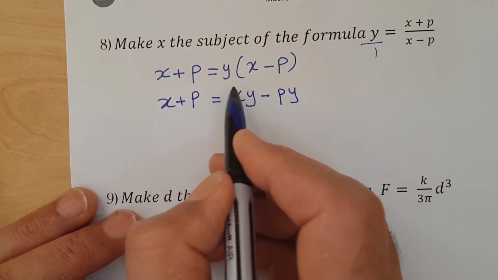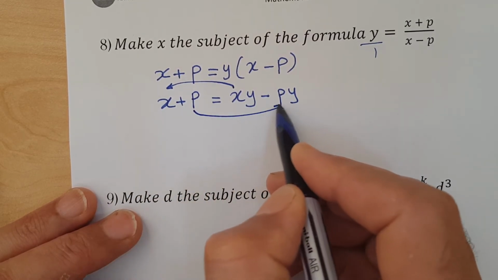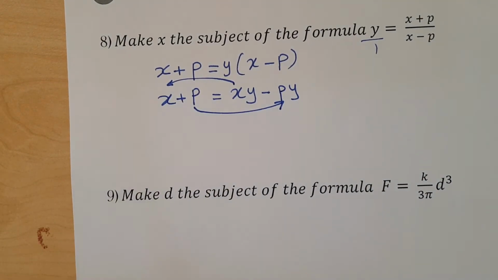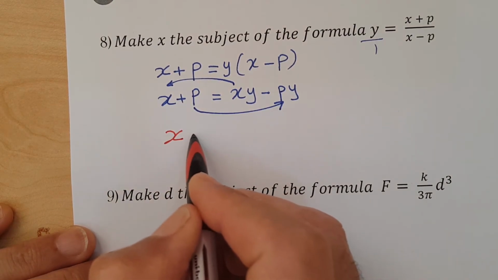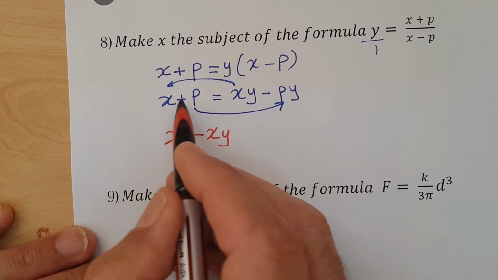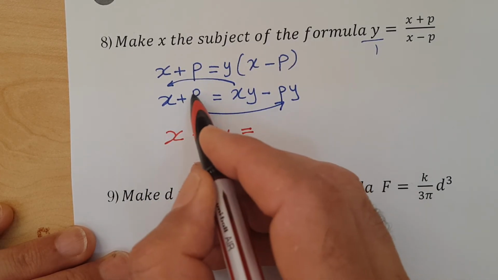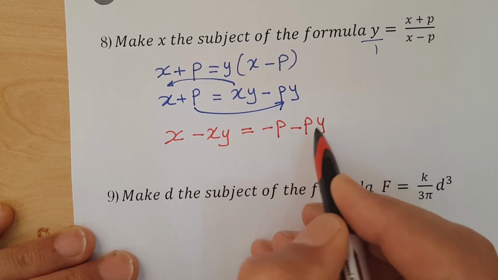You just bring x here and then bring your p in here with the inverse sign or opposite sign, as you see here. I just write x minus xy because this xy already is positive. If you move it to the left hand side it will be negative. P, when you move it here, will be negative p minus py. Okay?